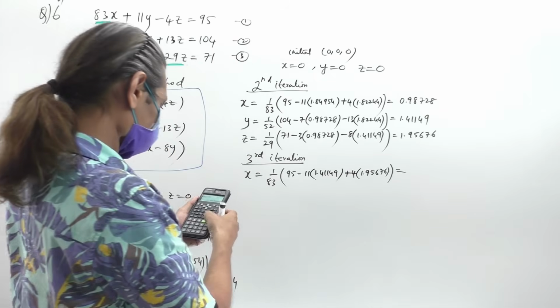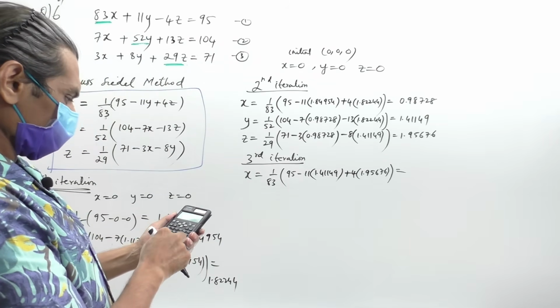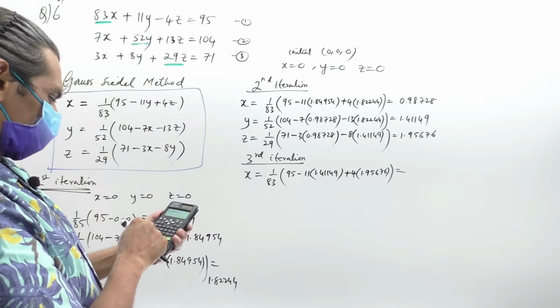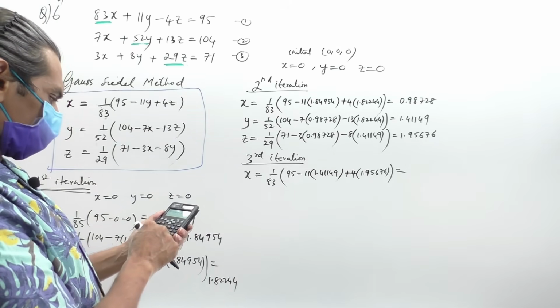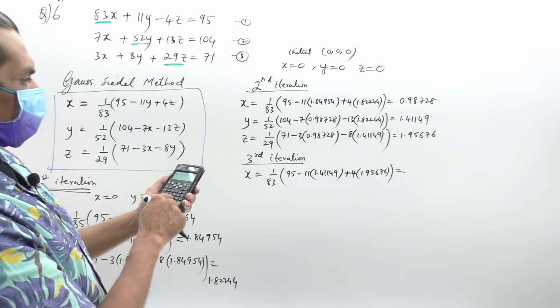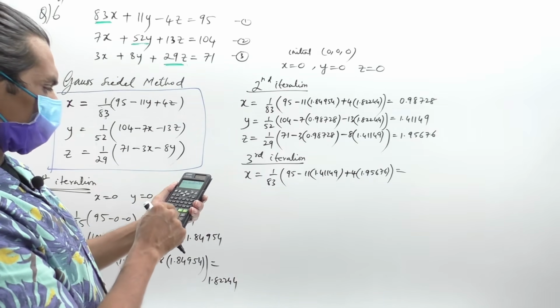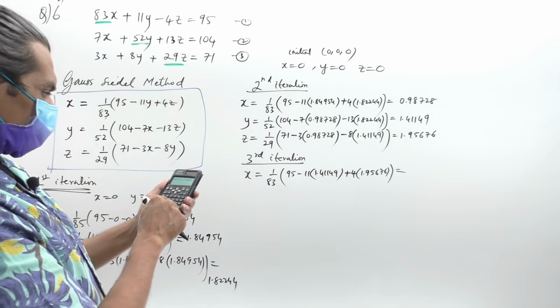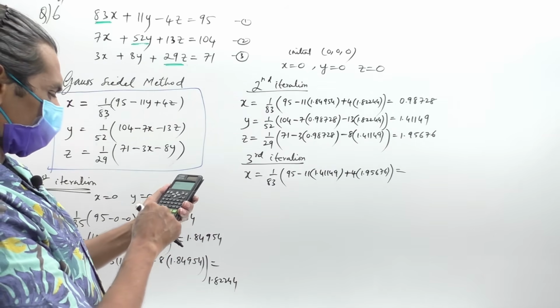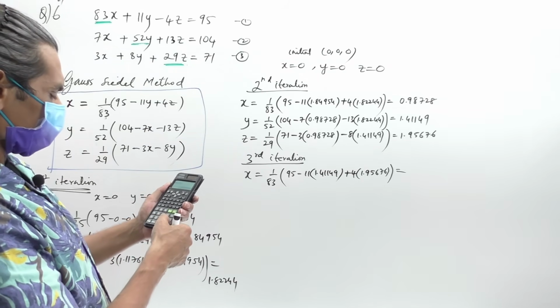So that will be 95 minus bracket 11 into 1.41149 bracket closed plus bracket 4 into its answer, right, divided by 83, we get 1.05181.